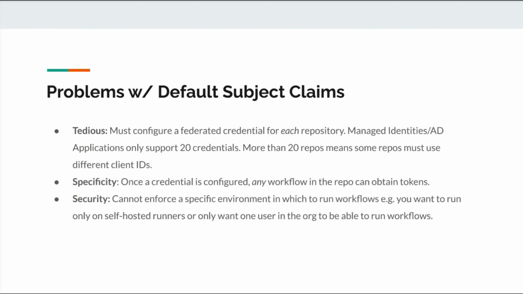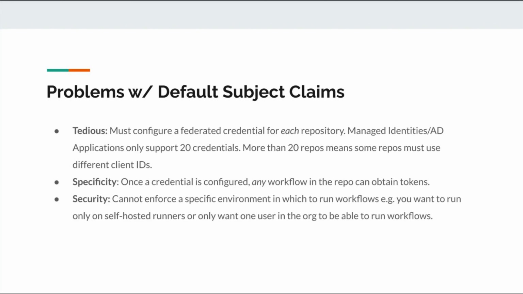And these are some of the problems with the default claims that GitHub provides and Azure allows us to configure. So it's kind of tedious. The way that it's currently set up on Azure, you have to create a federated credential for each repo that you want to set up auth for.